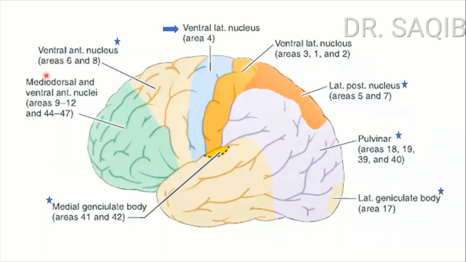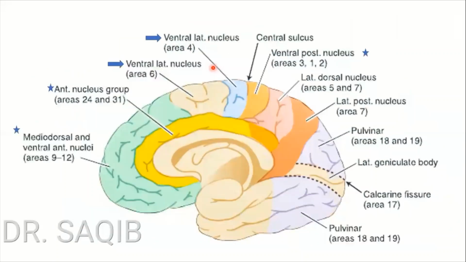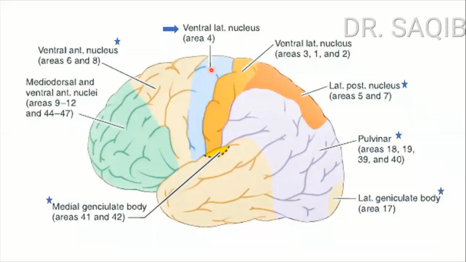And in this picture, you see the mediodorsal and ventral anterior nuclei projecting to areas 9 to 12 and 44 to 47. The ventral anterior nucleus also projects to the motor areas, areas 6 and 8, and the ventral lateral nucleus projects to area 4, the motor area.